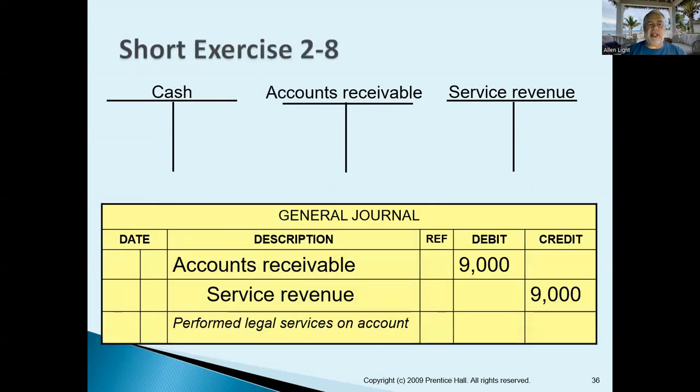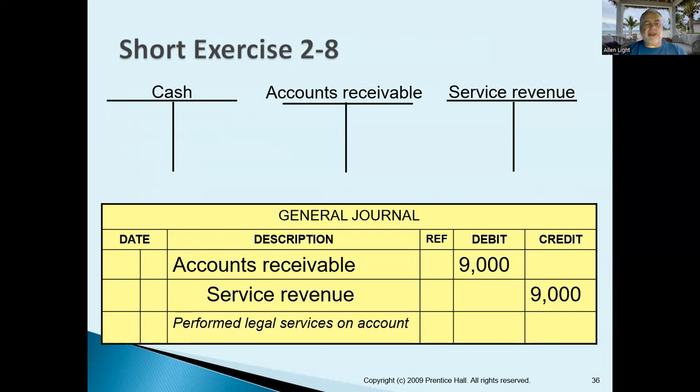So now we're going to post things to the ledger, okay? So we've done our transactions, and now we're going to post them to the individual accounts. Now, in this case, I've got accounts receivable with a debit for $9,000 and service revenue for $9,000.